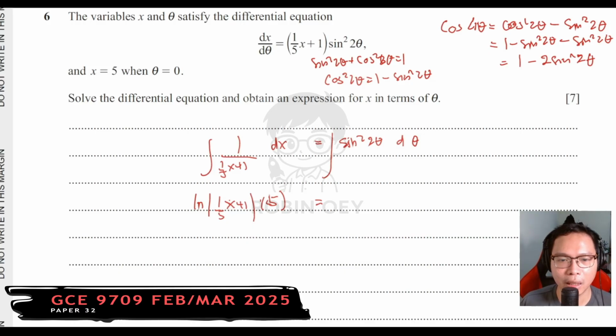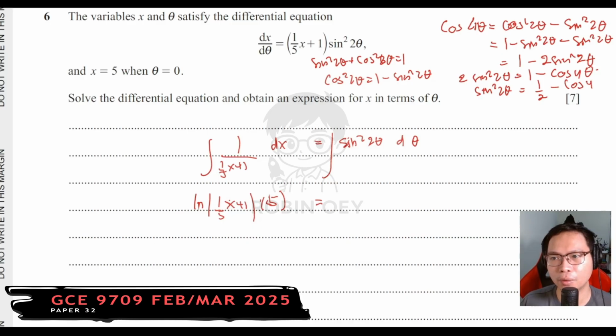Okay, from here, 2 sine square 2 theta equals 1 minus cos 4 theta, and sine square 2 theta would be half minus cos 4 theta divided by 2.